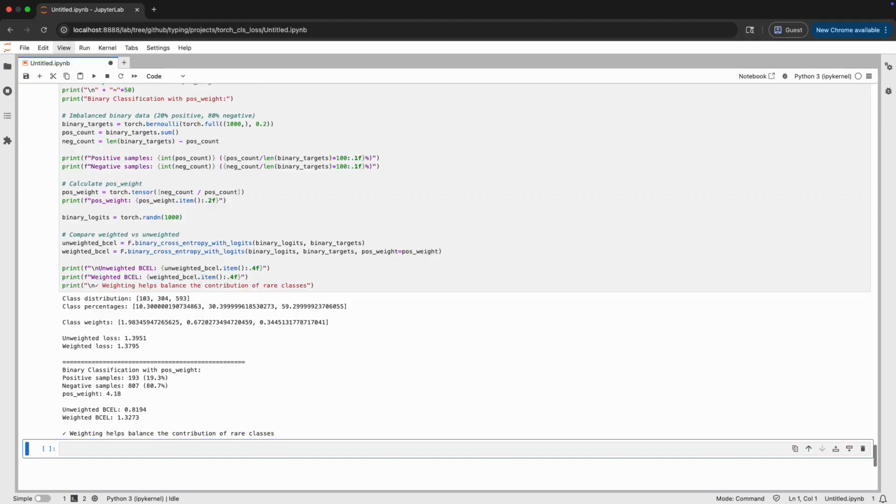The weighted loss of 1.3795 helps balance the contribution compared to the unweighted loss of 1.3951. For binary classification, with only 19.3% positive samples, using a pos_weight of 4.18 increases the weighted BCEWithLogits loss to 1.3273 from the unweighted 0.8194, helping the model pay more attention to the minority class.